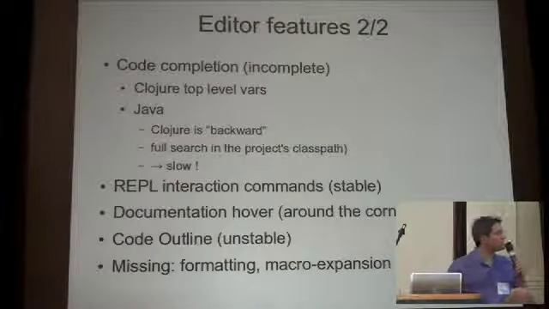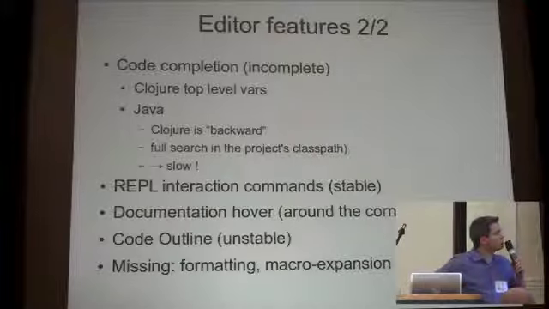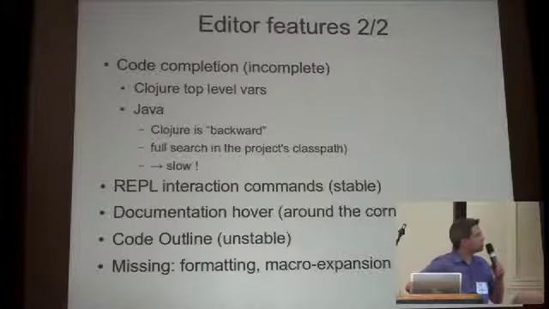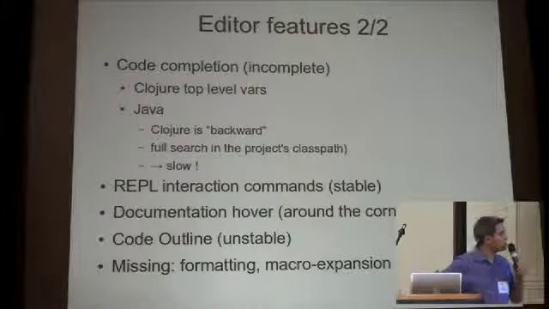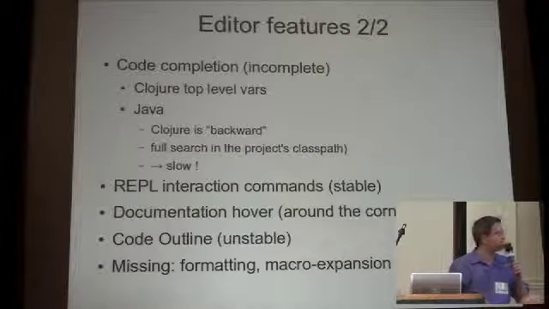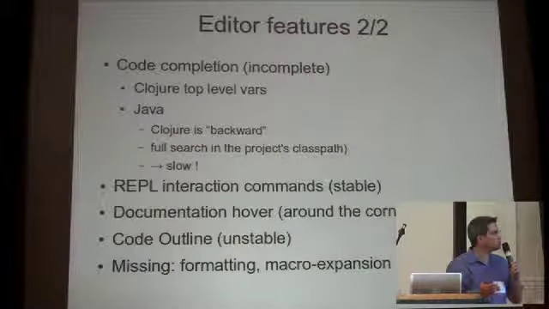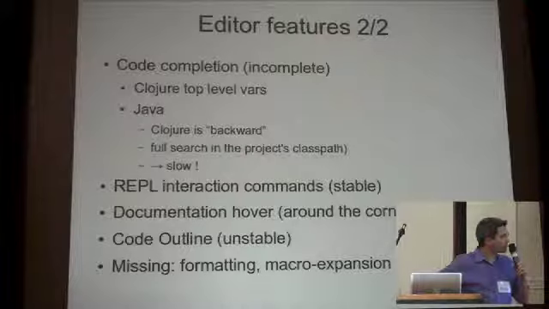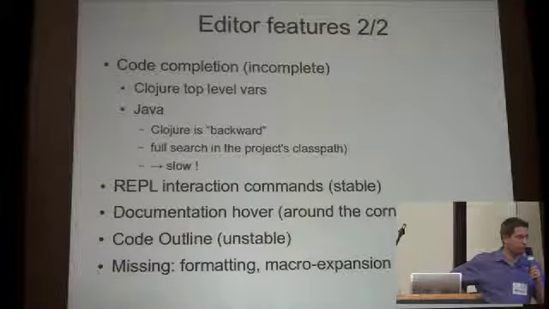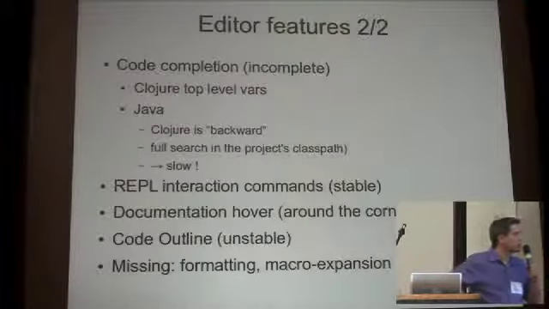Now for some things which are already working, but maybe not totally or not as I would like. There is code completion in Counterclockwise. It works correctly with Clojure top-level vars. It works for Java interop, but there are some impediments to it working correctly.